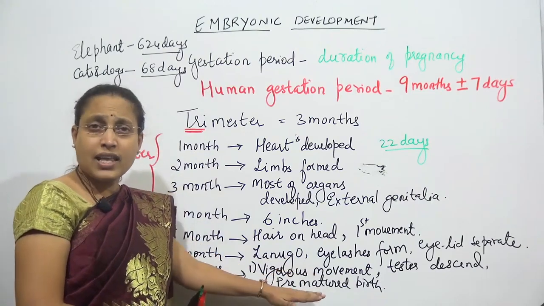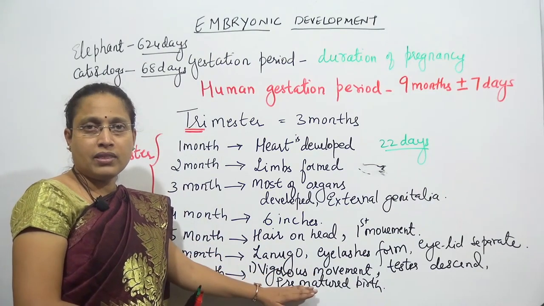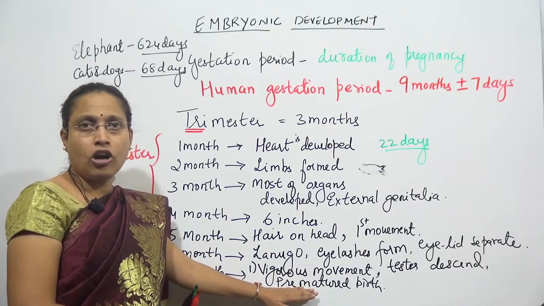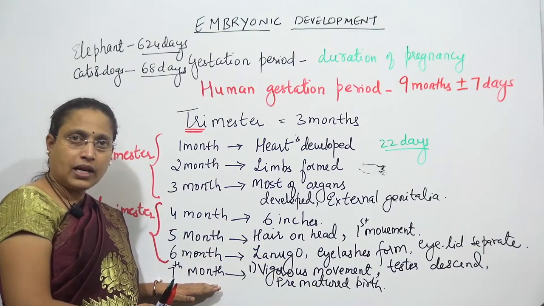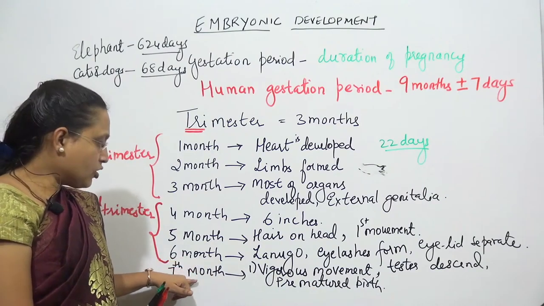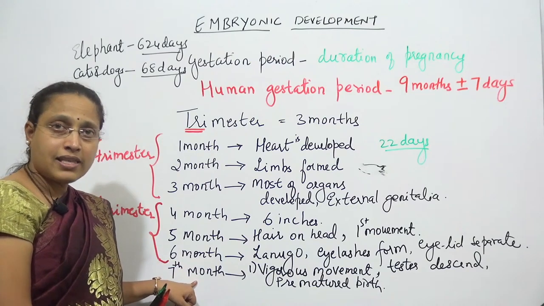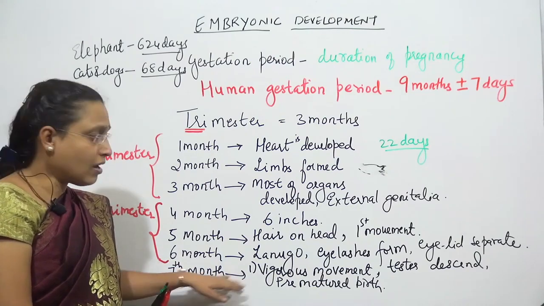If it occurs in the next month only, a breathing problem can come in the child that got delivered prematurely in the 7th month. So the lung has developed in the 6th month, and premature birth has taken place in the 7th month. So what problems can it face? Breathing problems, because the lungs have just been developed.